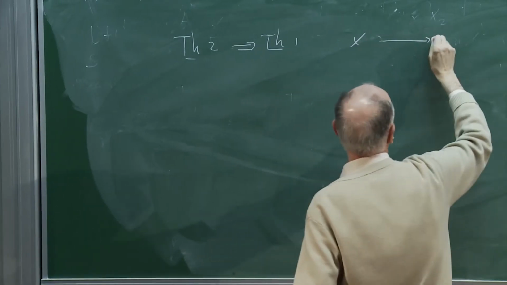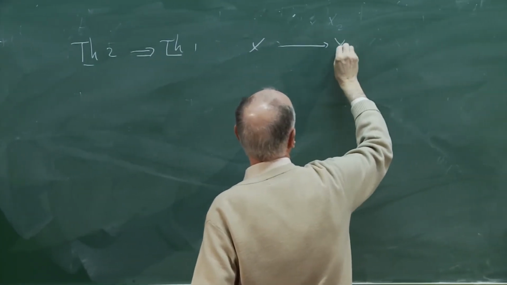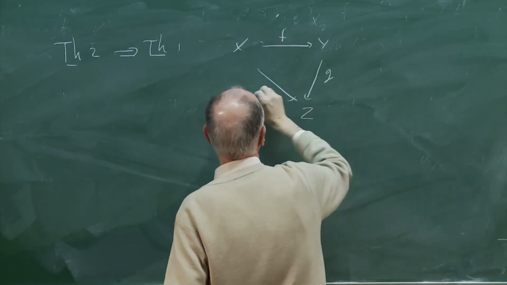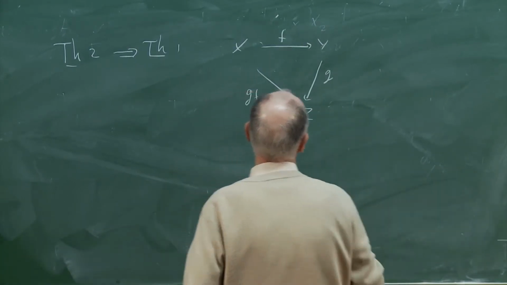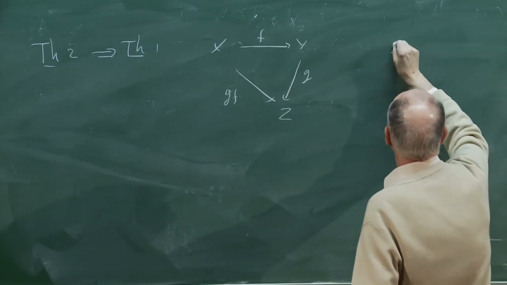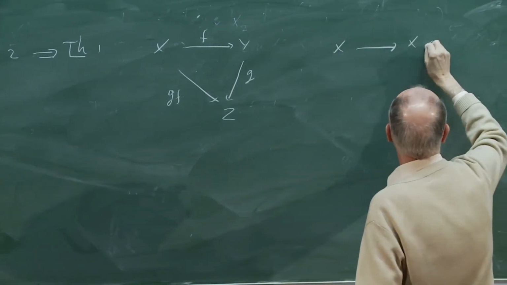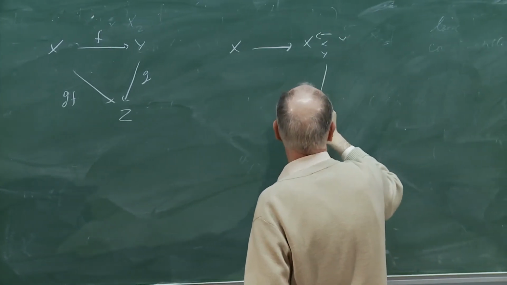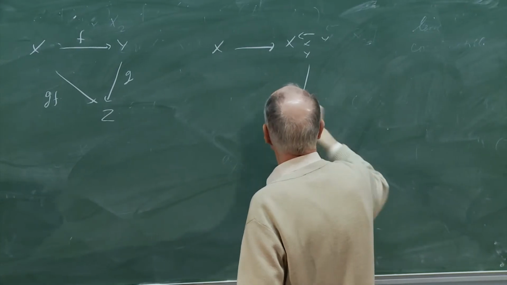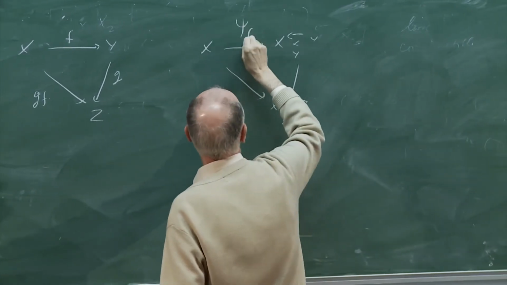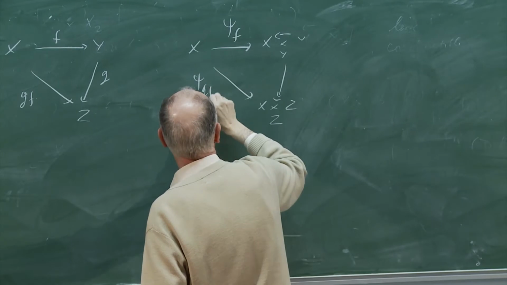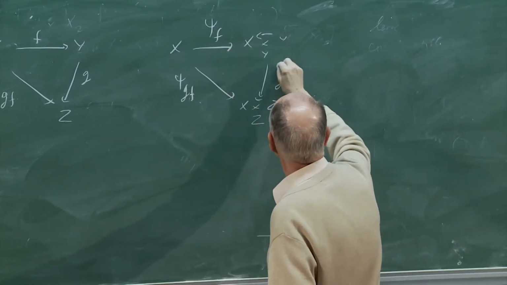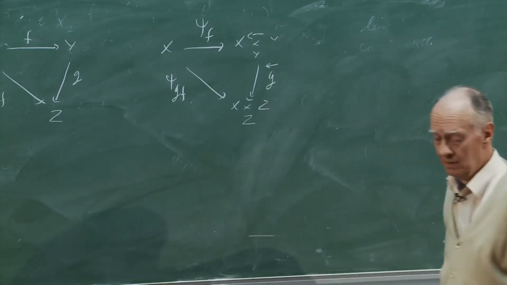So suppose you have a composition like this: f, g, and gf. Then you have x to x cross y, and here you have x cross z. Here you have psi f, here you have psi gf. And here you have some map induced by g, which I denote by g with an arrow above.